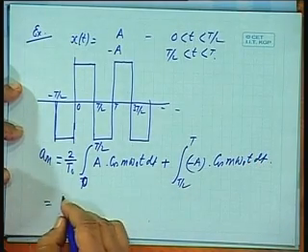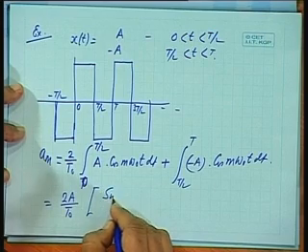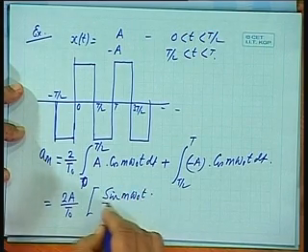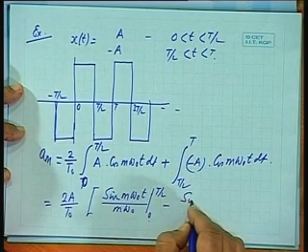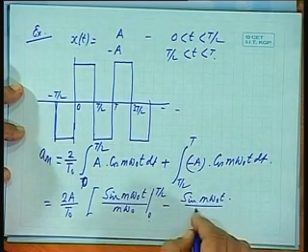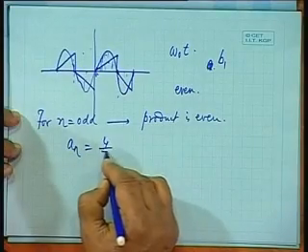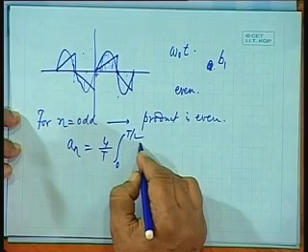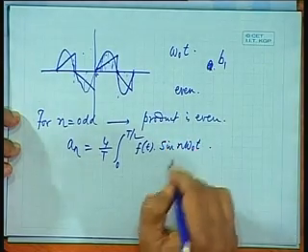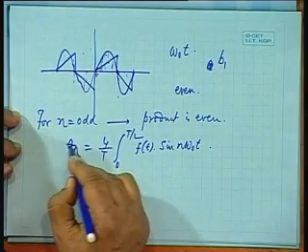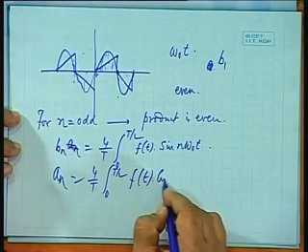If you integrate, 2A by T0 will come as a constant, and here you get sine of m omega naught t by m omega naught from 0 to T/2, then with a negative sign sine m omega naught t by m omega naught from T/2 to T. So, it will be 4 by T0 integral from 0 to T/2 of f(t) sine n omega naught t, where n is odd, and similarly this is Bn, and An will be similarly 4 by T0 integral from 0 to T/2 of f(t) cosine n omega naught t.